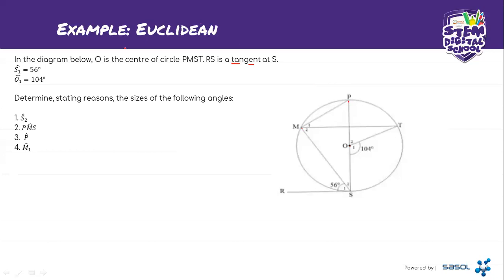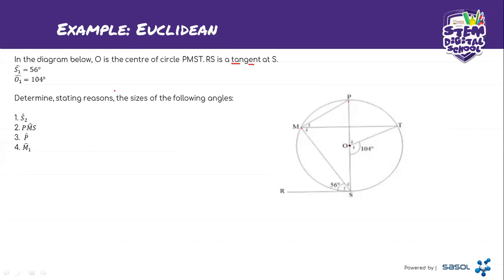And then also the center, we've got a center there. Which theorems have a center? We've got only 3 theorems that speak about the center, if you remember very well. Theorem 1, Theorem 2, Theorem 3. Theorem 1 says a line drawn from the center to the chord is perpendicular to the chord and bisects the chord.